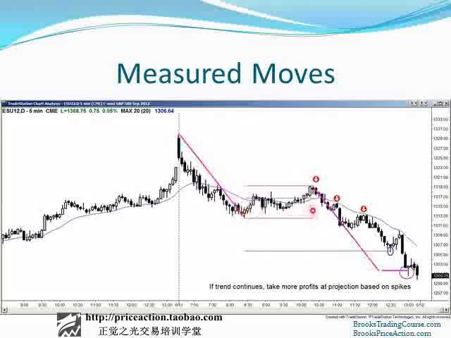So here's the first leg. Here's exactly the same number of ticks. And look what happened when the market got down to the measured move based on a leg one equals a leg two projection. Again, you have a small reversal, so traders obviously took profits here. Partial profits, full profits, different traders do different things.